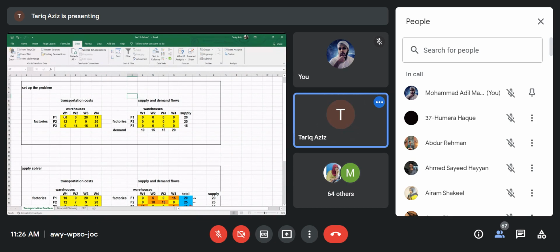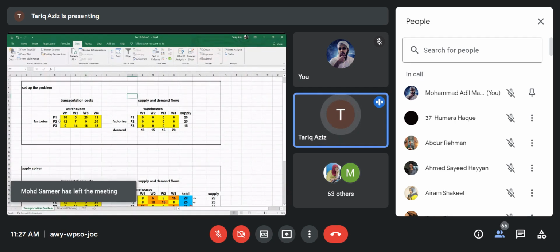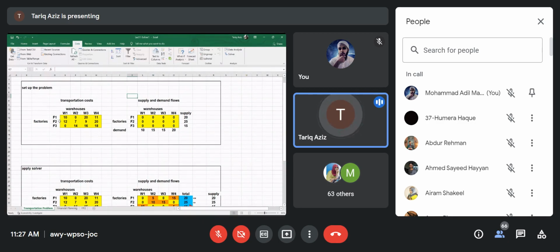The distance between the factories and those warehouses varies, as some of the warehouses are near to some factory. There are different distances. So of course there will be a cost of transportation involved.